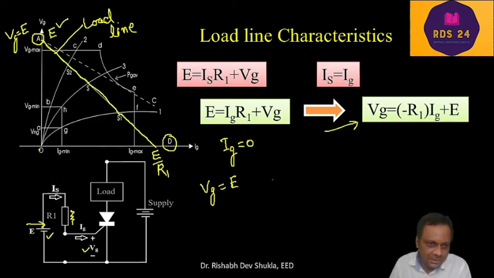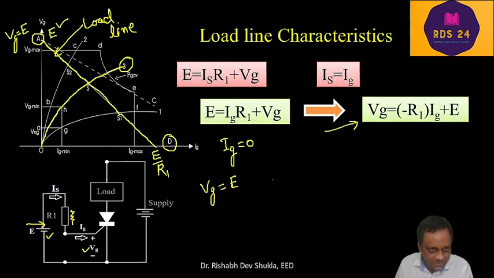Now we have already drawn the VG-IG characteristic of the SCR. These two curves, curve 3, this is the gate characteristic of the SCR, and this is the load line.